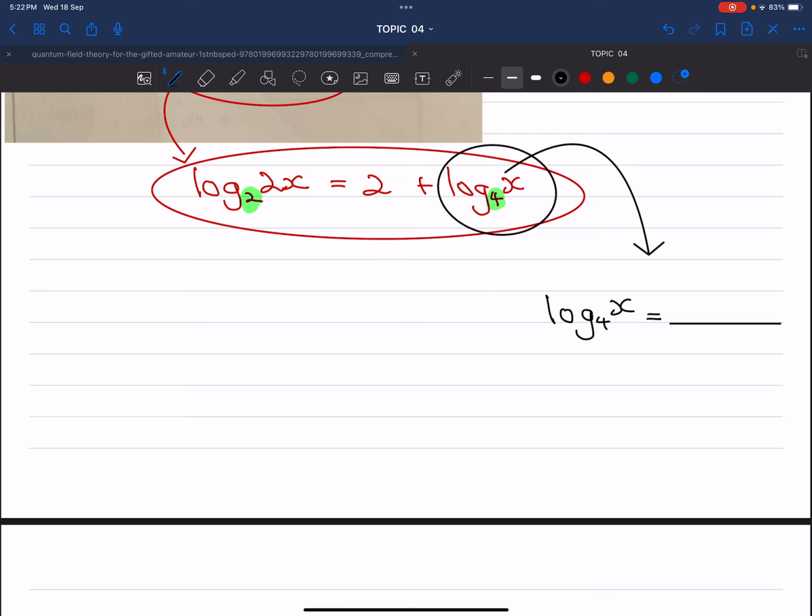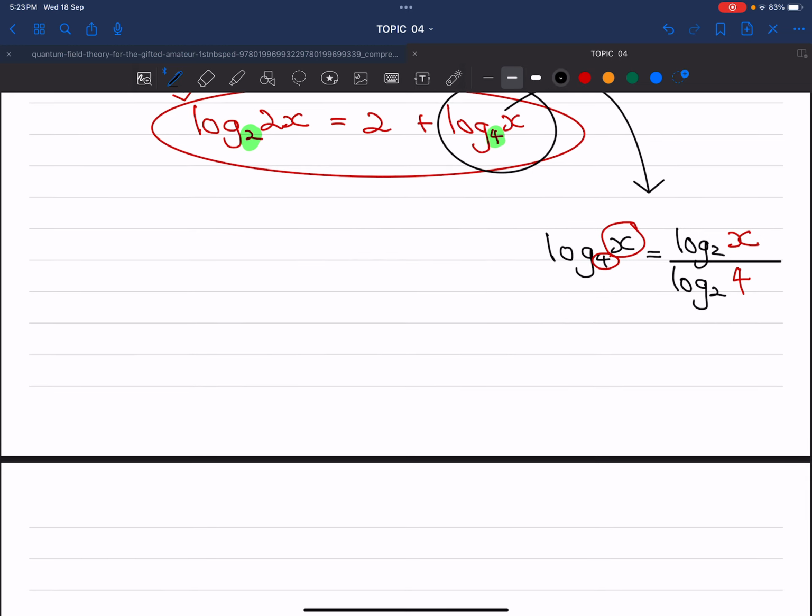Draw the horizontal line, write log base 2, write the new base first, and then x above, 4 below. That's it.